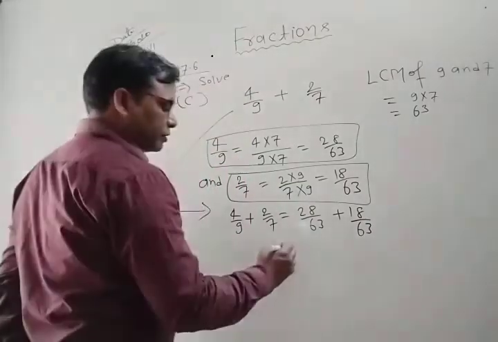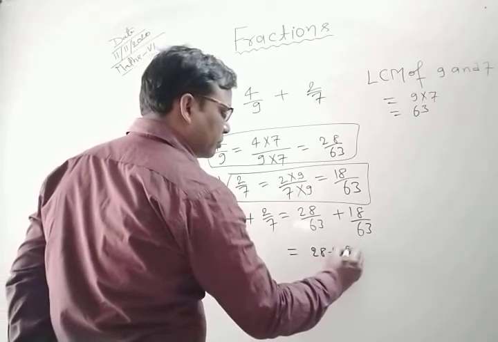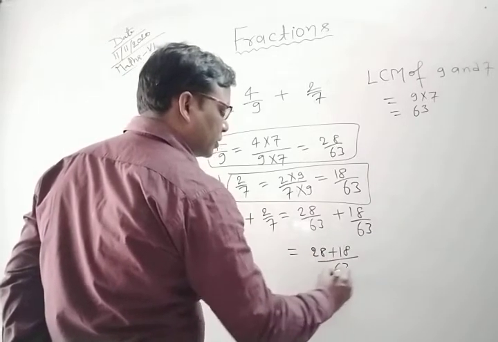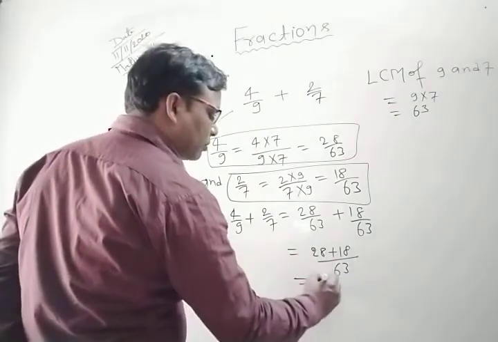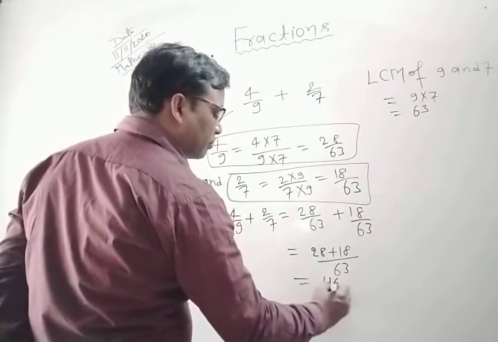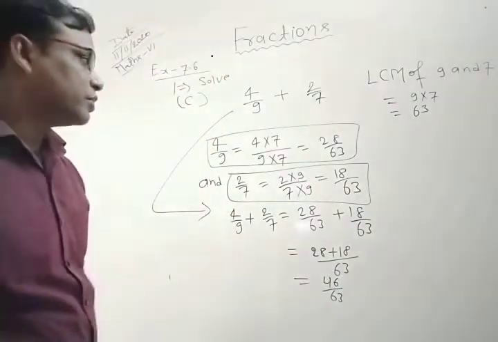You can write it as 28 plus 18 by 63, which is equal to what? If you add them, then you obtain 46 by 63. So I hope all have understood this question.